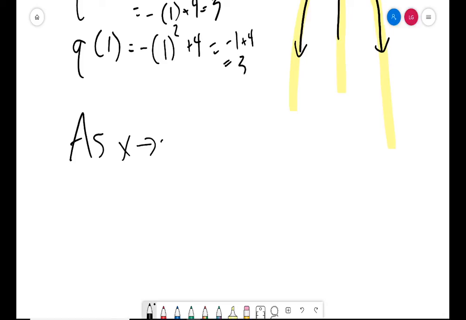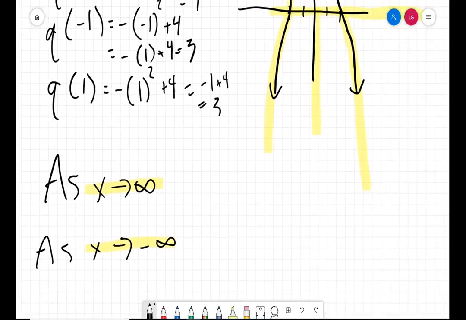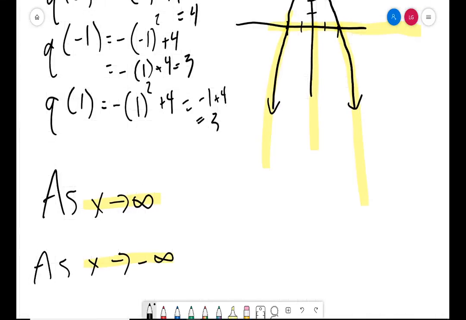So we always ask these two questions when we're thinking about end behavior: what happens as we go far to the right, and what happens as we go far to the left? Take your time, look at it.